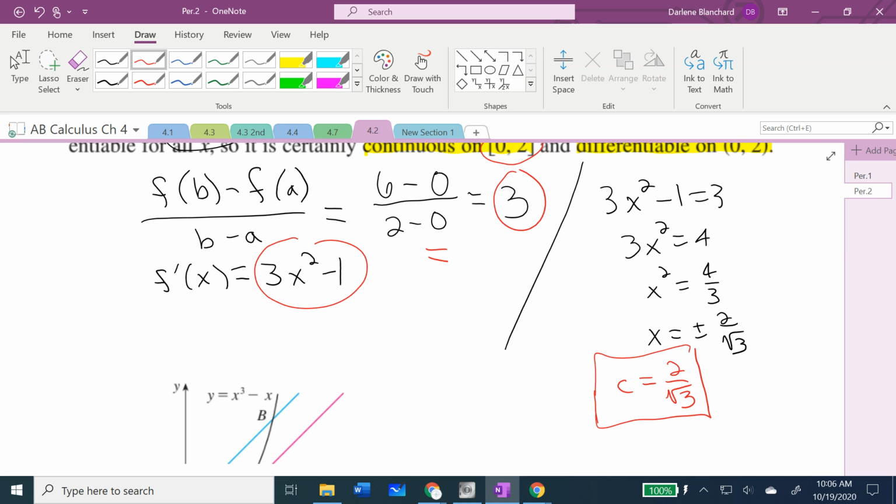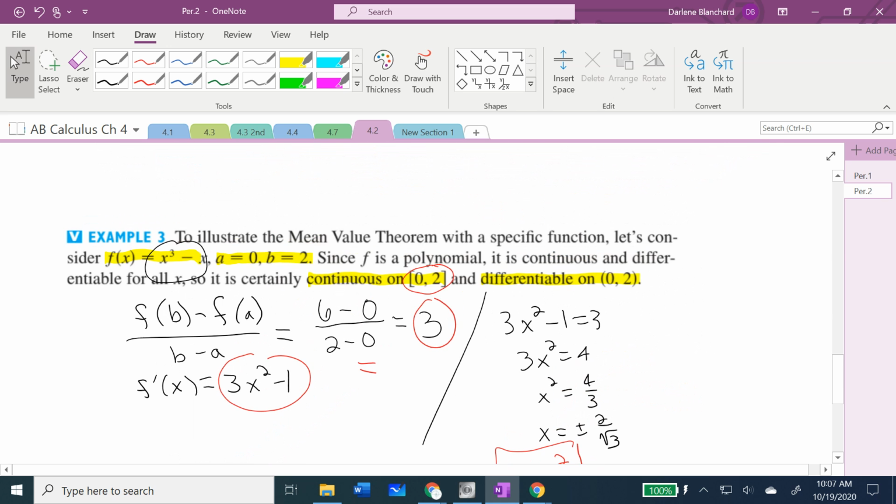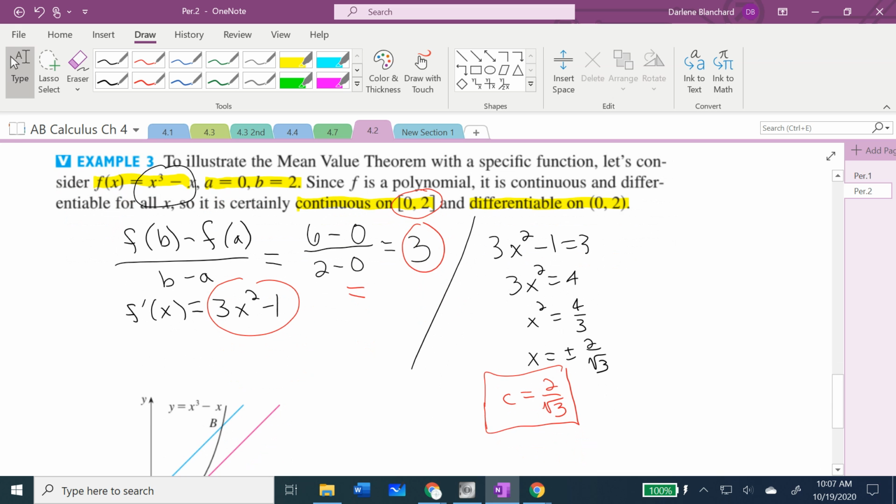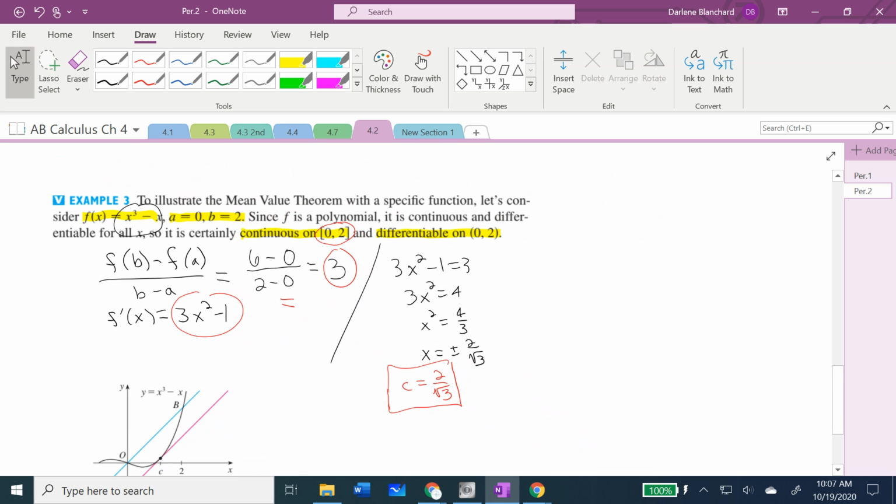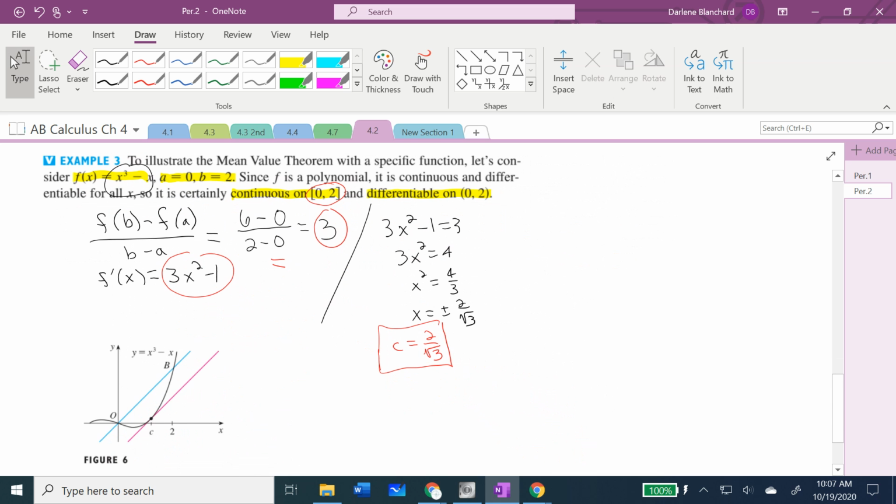Then I decided to show you the lovely picture that the textbook had of the problem. Parallel. Pretty. And I can see some of you are still writing.